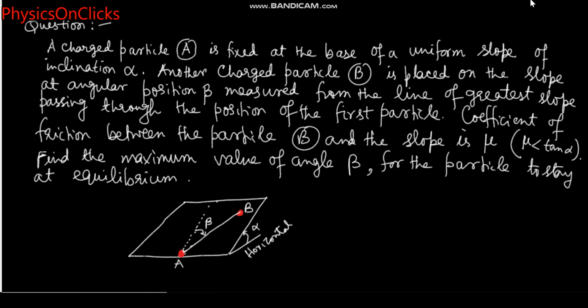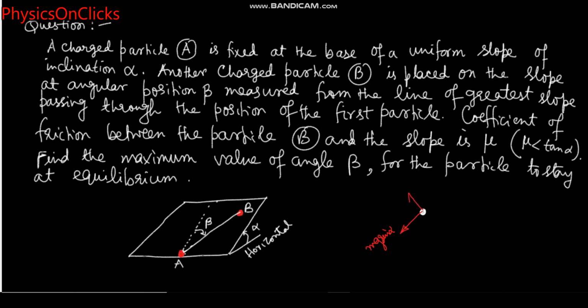So we consider the particle B and the forces acting on it. Let's observe. The first force, mg, has been resolved into two components. Along the inclined surface, this is mg sine alpha.